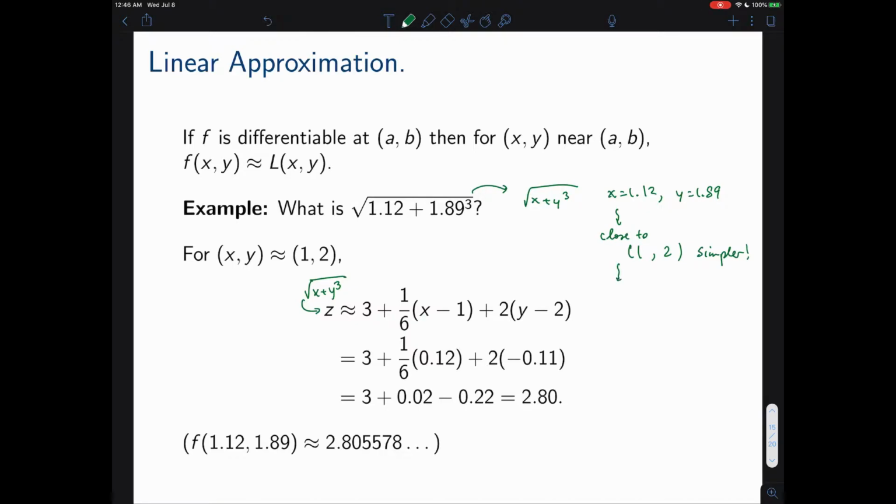So we decide to use a linear approximation where f(x, y) is the square root of x plus y cubed, and we're going to use the point (a, b) is (1, 2), and then the point that we're really interested in, (1.12, 1.89), is close to that simple point.